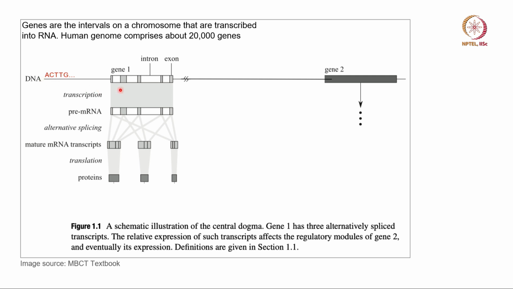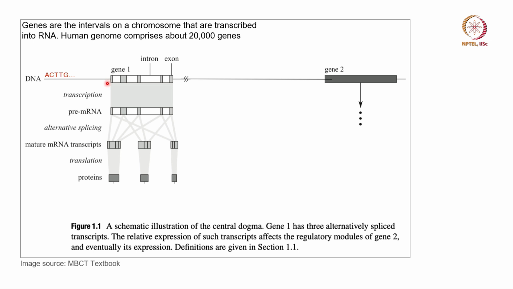Genes are the intervals on the chromosome that are transcribed into functional RNA or proteins. There will be segments on the chromosome, for example, here shown gene 1 and similarly gene 2. These are intervals on the chromosome that are transcribed into RNA. The remaining regions of the chromosome will not be transcribed to RNA.